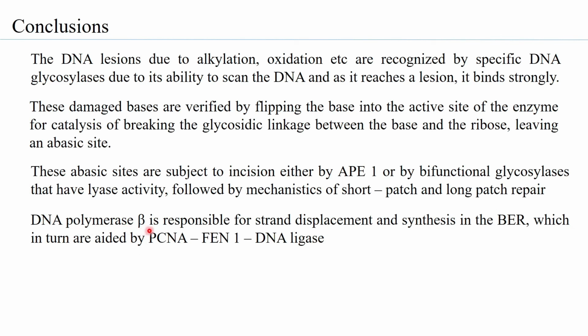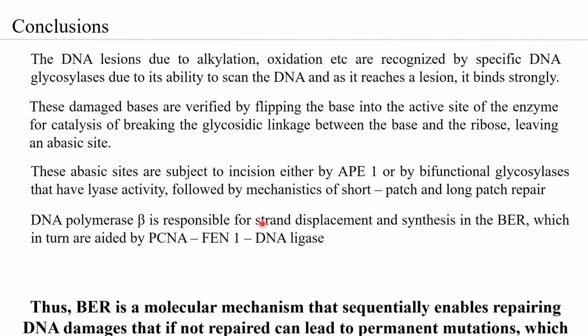The DNA polymerase beta is responsible for strand displacement and synthesis in the BER, which in turn are aided by PCNA, FEN1, and DNA ligase. Mutants of DNA polymerase beta have been associated with several epithelial cancers, and therefore it has been very importantly noted that DNA polymerase beta, which belongs to the X family of DNA polymerases, has a very important role to play in base excision repair.